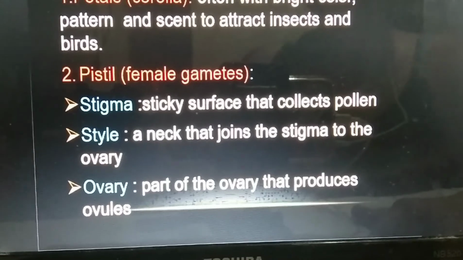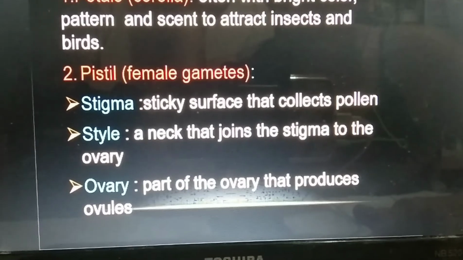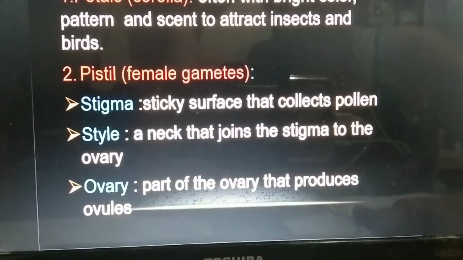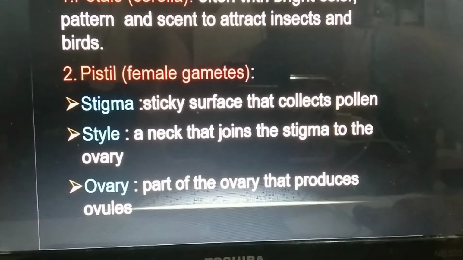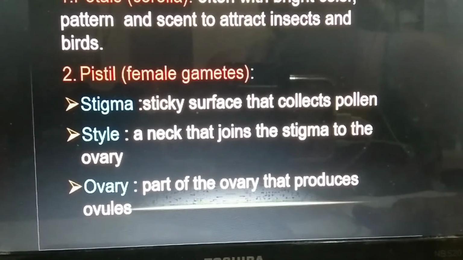Now let us discuss the parts of the flower thoroughly. We have the petals, or the corolla when we say the group of petals. It is often with bright color, pattern, and scent to attract insects and birds. The pistil, which holds the female gametes, consists of the stigma, style, and ovary. The stigma is the sticky surface that collects pollen, and the style is a neck that joins the stigma to the ovary.